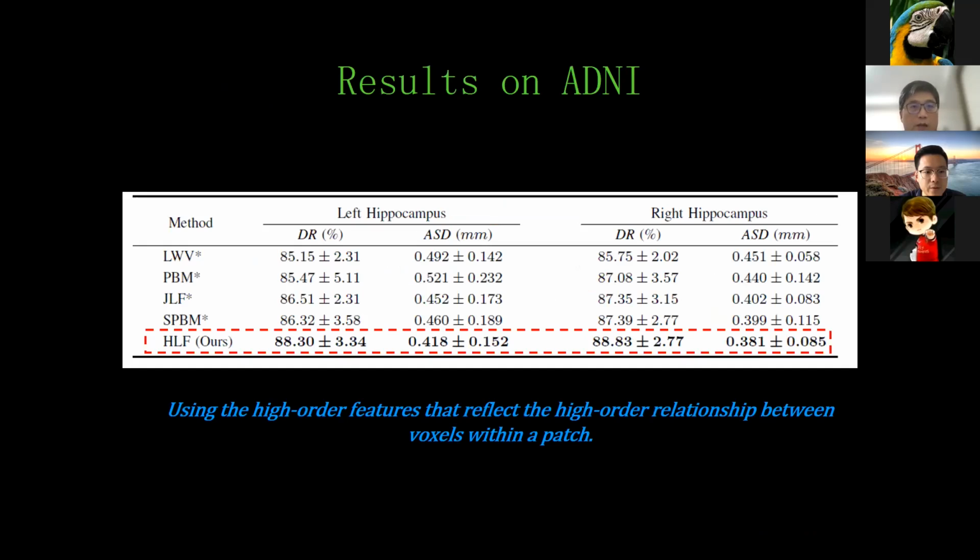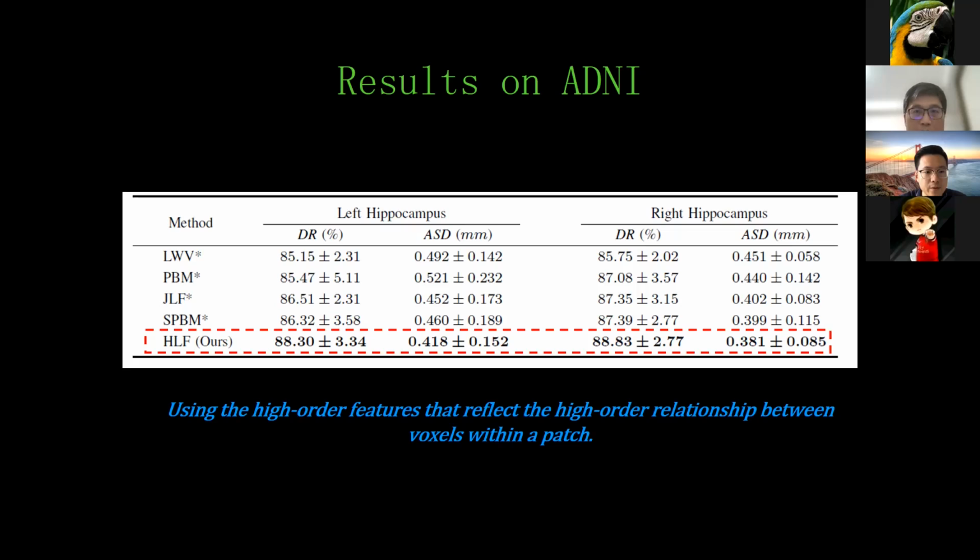We perform experiments on the ADNI dataset, and we compared our higher order label fusion method with state-of-the-art methods for multi-atlas segmentation, for example, LWV, which is locally weighted voting, the patch-based method PBM, the joint label fusion method, and also the sparse patch-based method.